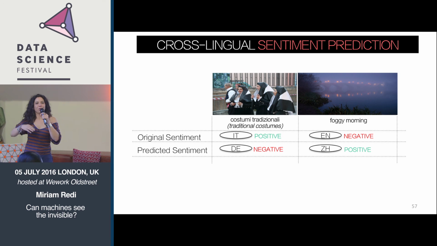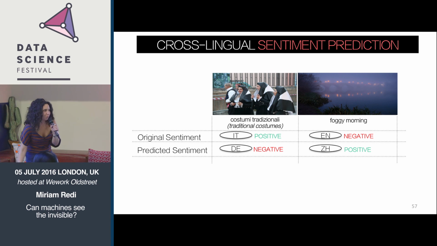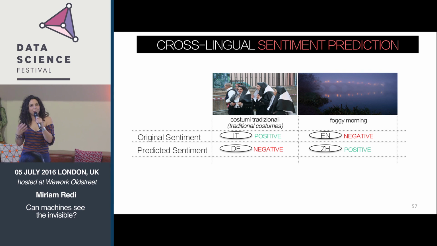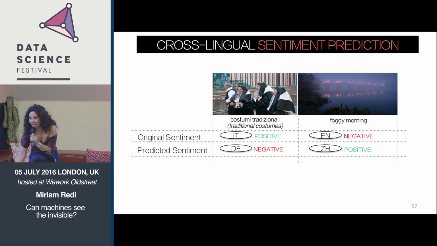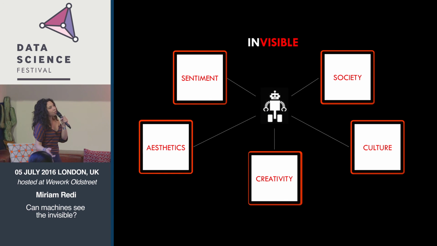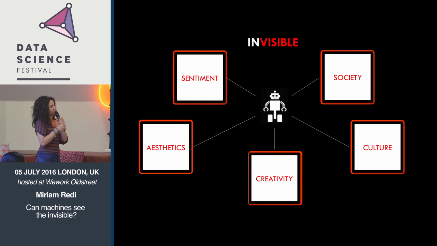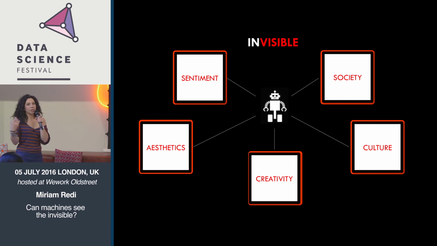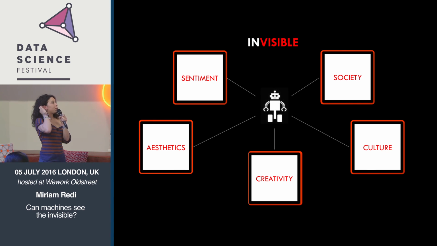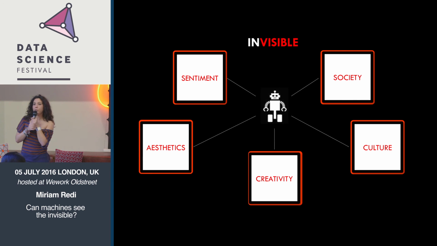So this tells you that there is a lot of work to do in understanding how different languages assign sentiment in online images. And these findings and many other findings were actually possible because we carefully designed our features, our experiments, and our algorithms to be interpretable.